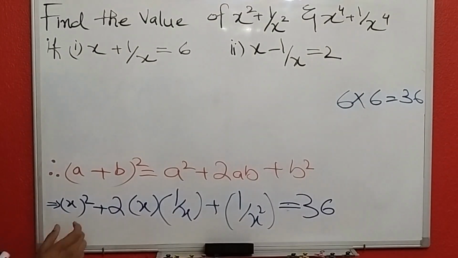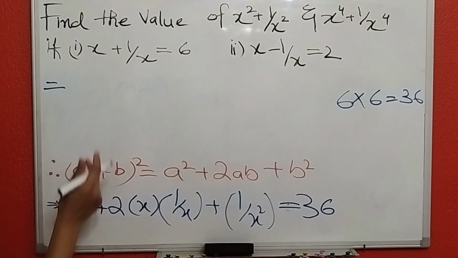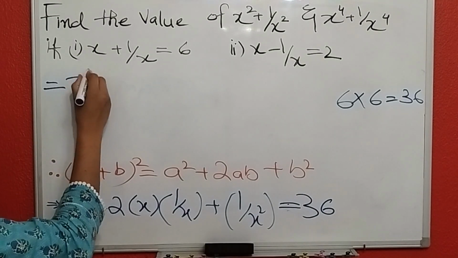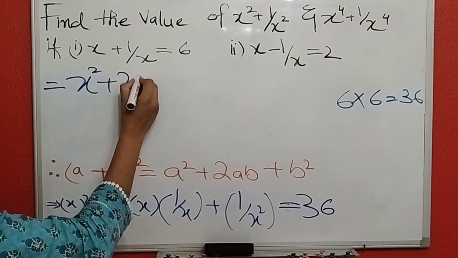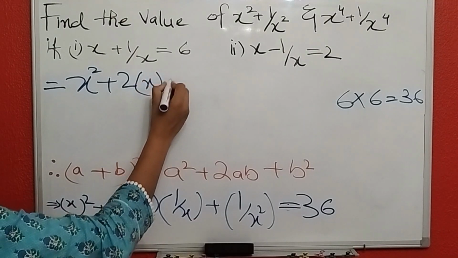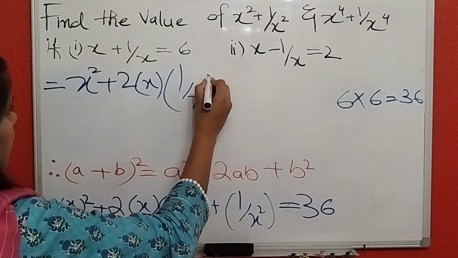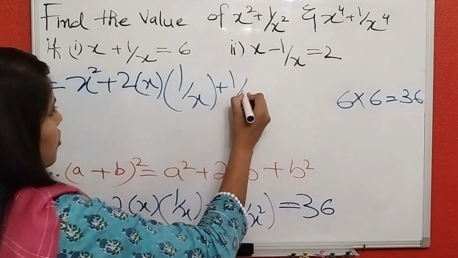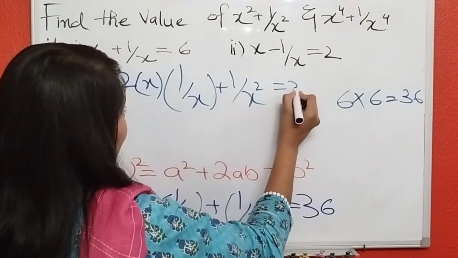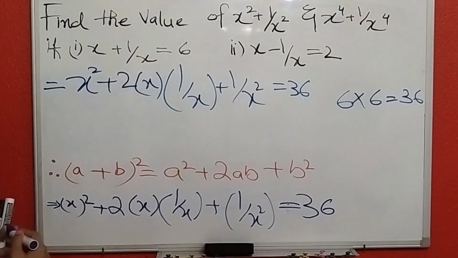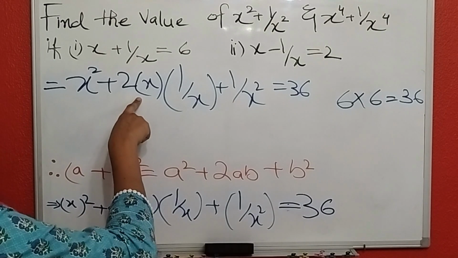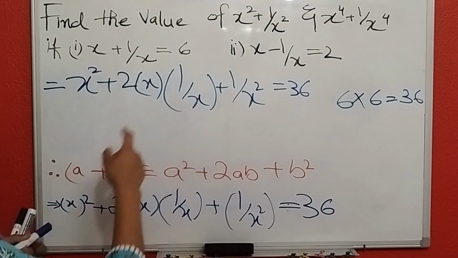Now I am writing the next step. This will be x square plus 2x times 1 over x plus 1 over x square is equal to 36. Now here you can see x is multiplying and here x is dividing.